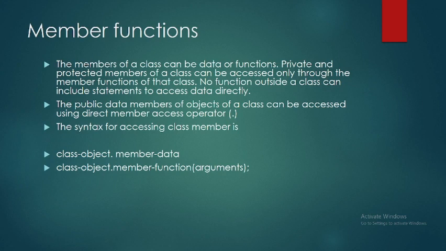The syntax for accessing a class member from outside the class is you write the class object and member data. If it's a public function, you write the class object, member function, and then the arguments.